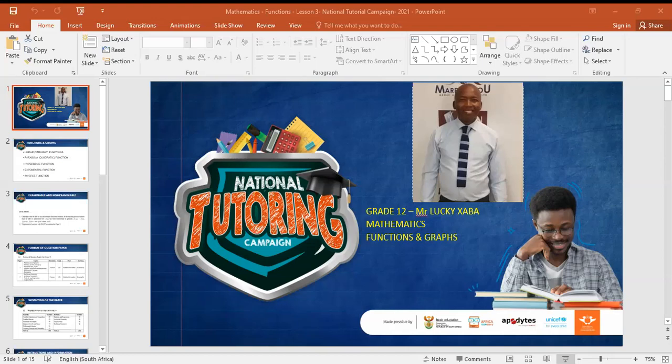Under functions and graphs, we have different types of functions. But prior to that, let's understand that there are certain graphs which are not functions. For a graph to be a function, there should be one value of y, which is an output, for every one value of x, or for many values of x.